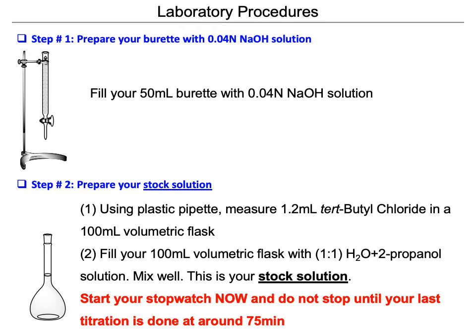As you see, we fill the remaining of the flask with the 1:1 ratio, the same ratio of the water and 2-propanol alcohol solution, and mix with the tert-butyl chloride that we have already in the volumetric flask. We use that solution as a stock solution.